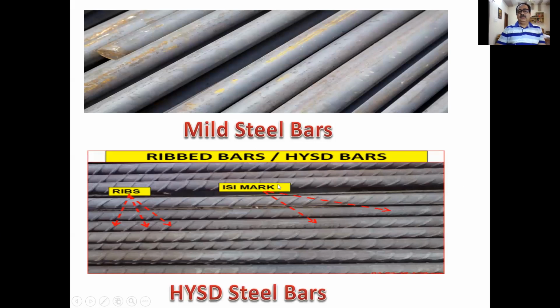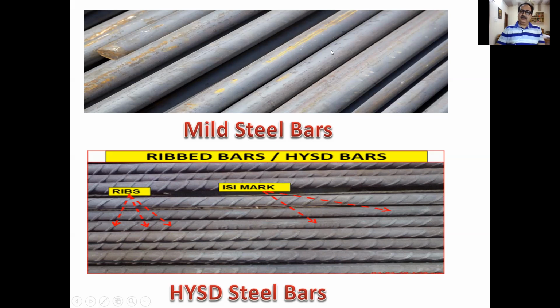These are two pictures which clearly show the mild steel bars on the top, and these are the HYSD bars. So what is the difference between these two bars? We can clearly see that these are plain bars. They don't have projections. And in this picture, we can clearly see the ribs. These are the ribs, and you can see the ISI mark also.